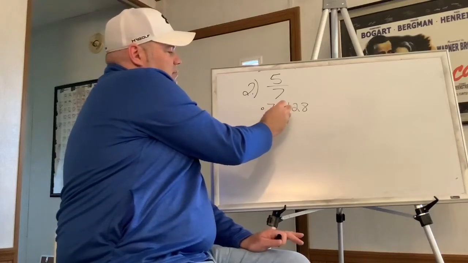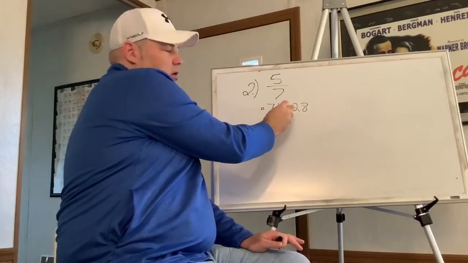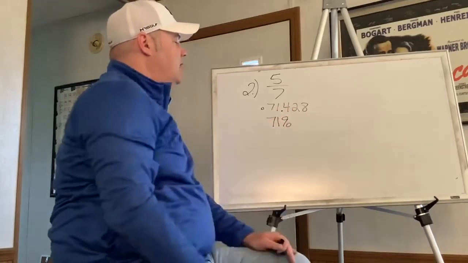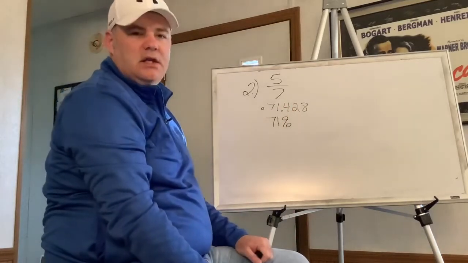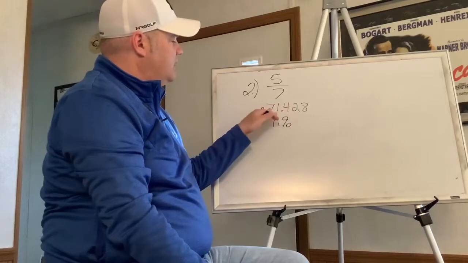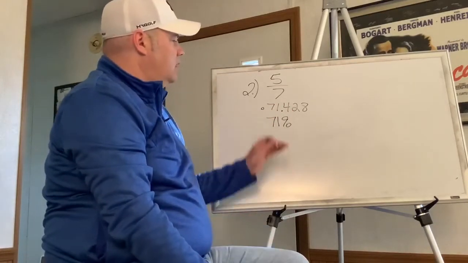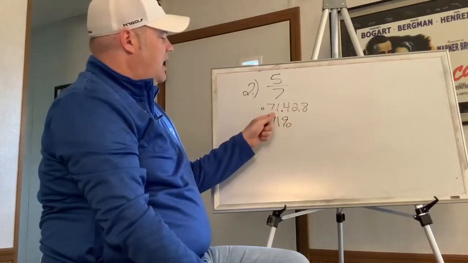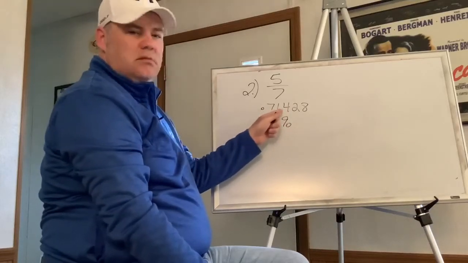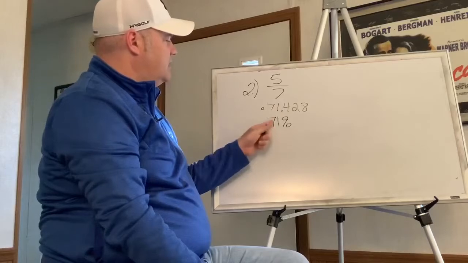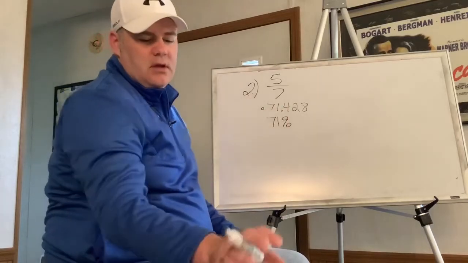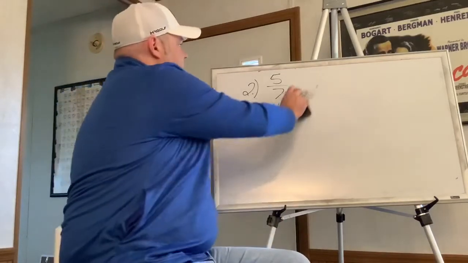Well, if we're going to the nearest percent, because this is a 4 or lower, it stays 71%. If you had 71.4, that's fine. But if we're rounding to the nearest percent, it's going to be 71%, which I didn't specify. So as long as you realize that if you rounded, it's this, and if you didn't, it's 71.4. But that is that percentage.